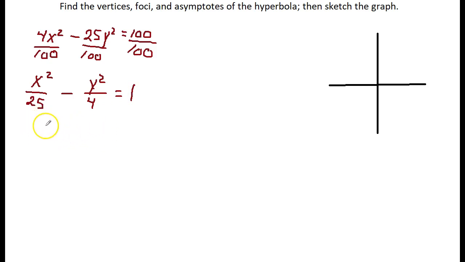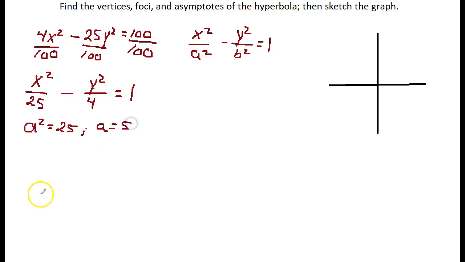Okay, so remember this is in the form of x squared over a squared minus y squared over b squared equals 1. So that means that a squared equals 25, so that means that a will equal 5.